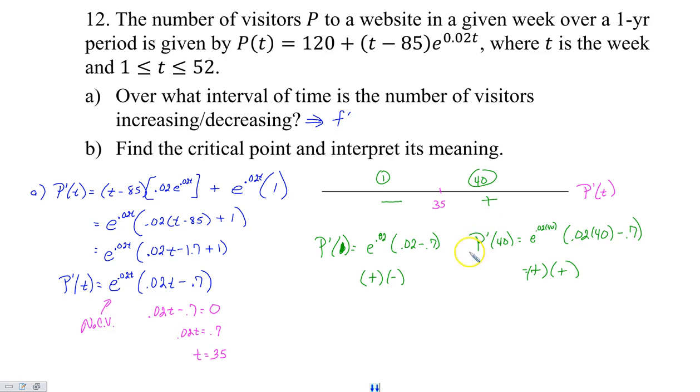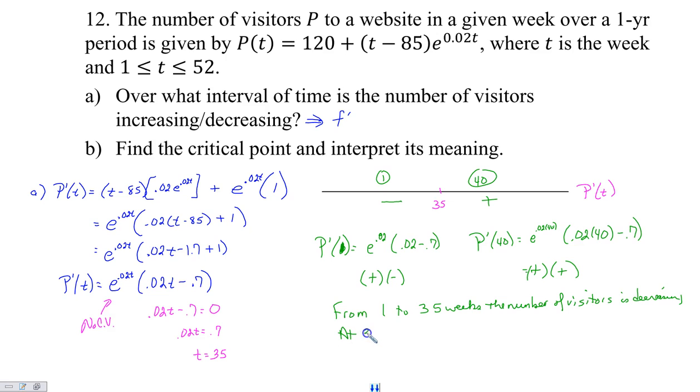So what happens is that we can make a statement down here. From 1 to 35 weeks, the number of visitors to this website is doing what? It's negative here, so that means it is decreasing. At 35 weeks, we hit the minimum.